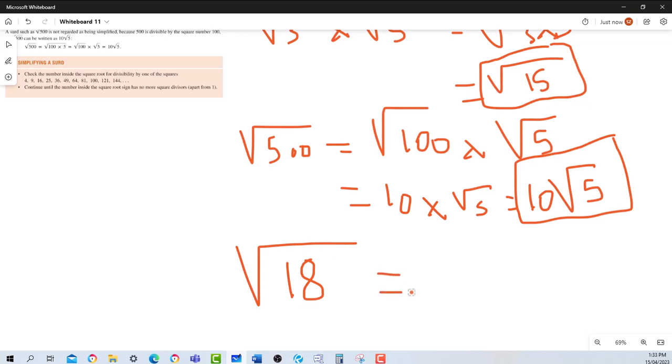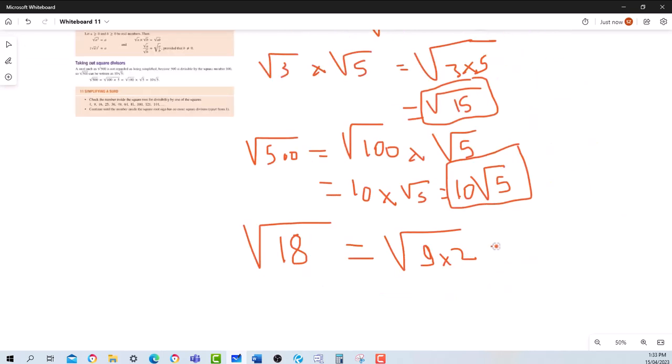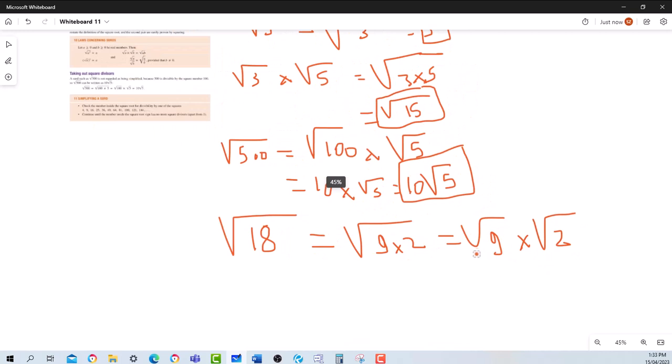This could be written as the square root of 9 times 2, or the square root of 9 times the square root of 2. The square root of 9 is 3, because 3 to the power 2 is equal to 9. So the answer is 3 square root of 2, and the square root of 2 we cannot simplify more.